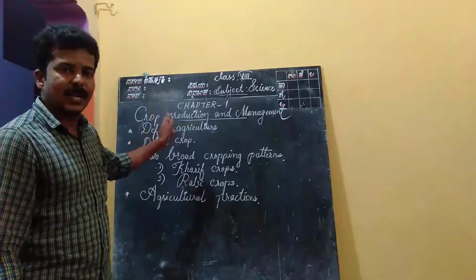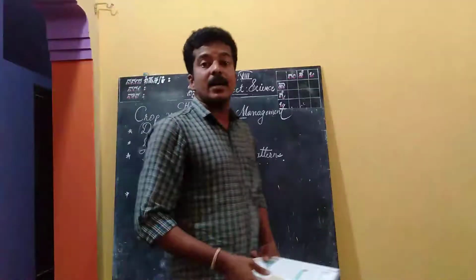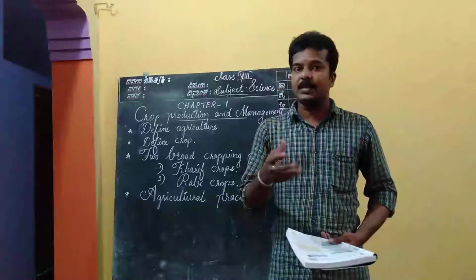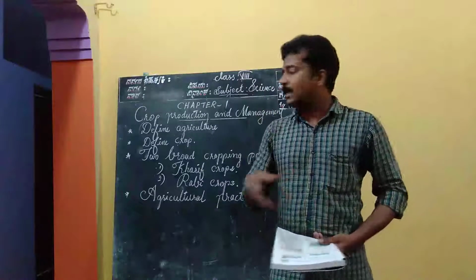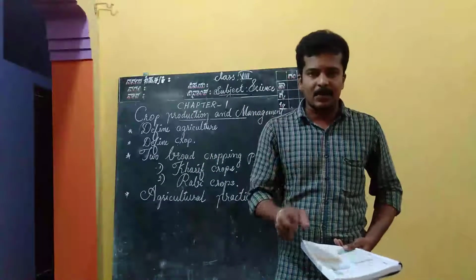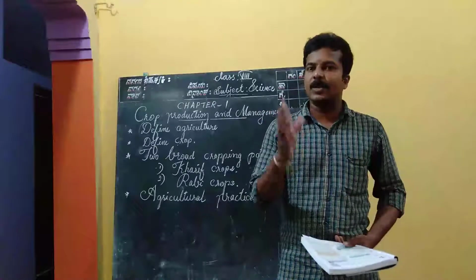Crop production and management. In this lesson, we are going to learn what is agriculture, or define agriculture. Everybody, by seeing the name, could easily understand that this lesson is about agriculture, and that is the backbone of our country. Everybody knows that.